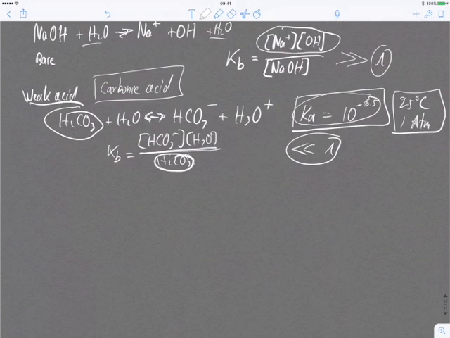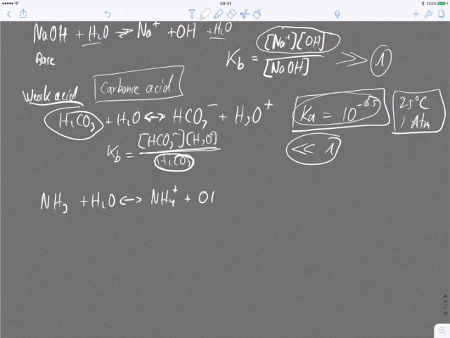If you take an example for a base, a weak base, in the example we just saw before, plus H2O will give you the dynamic equilibrium of ammonium ion plus the hydroxide ion, which again is a dynamic equilibrium.